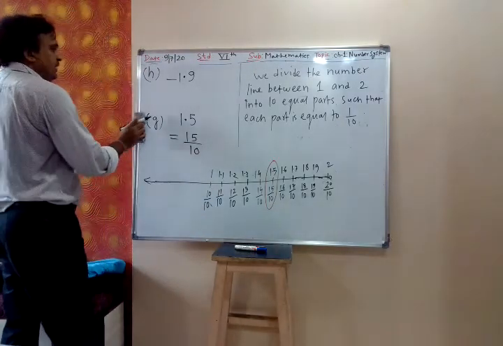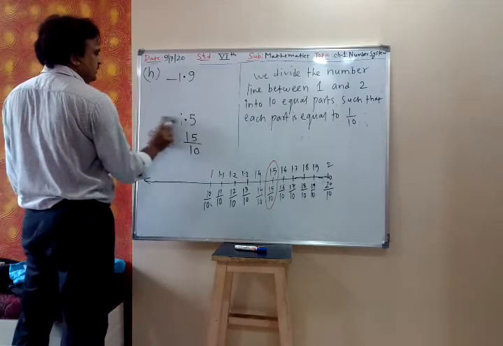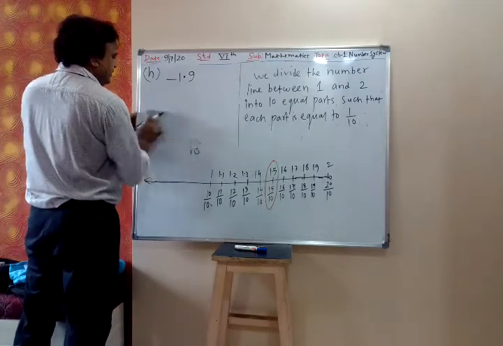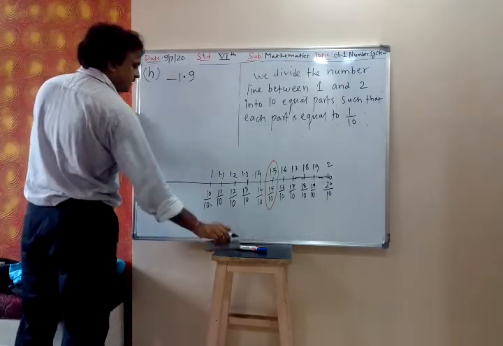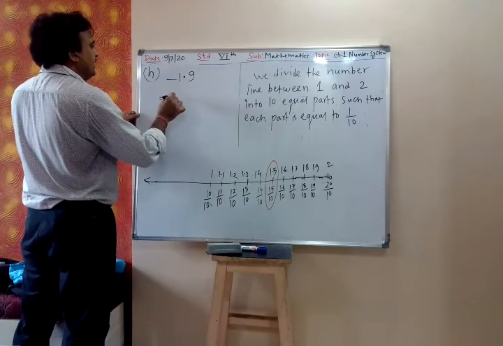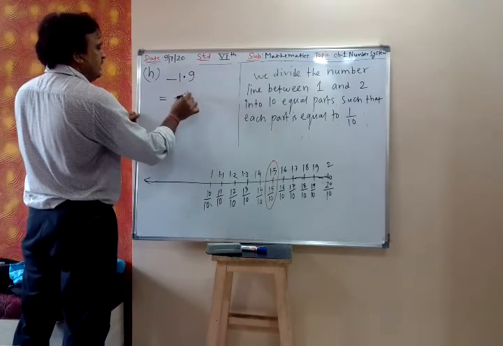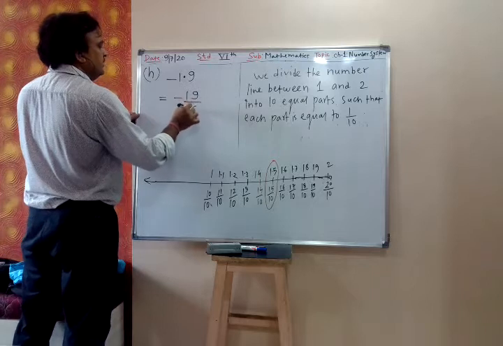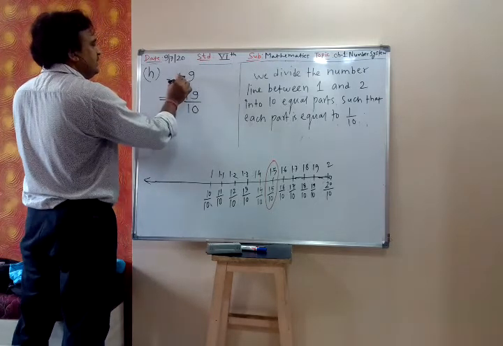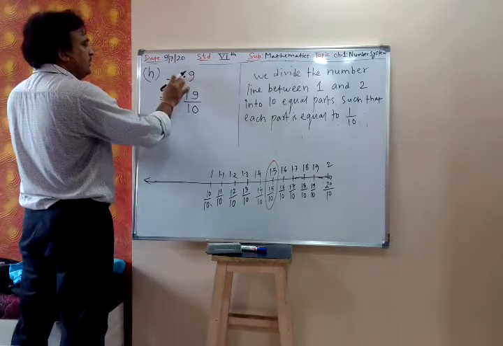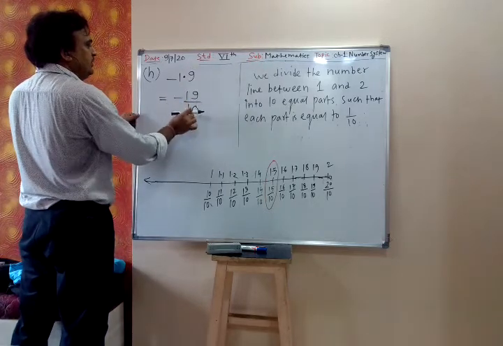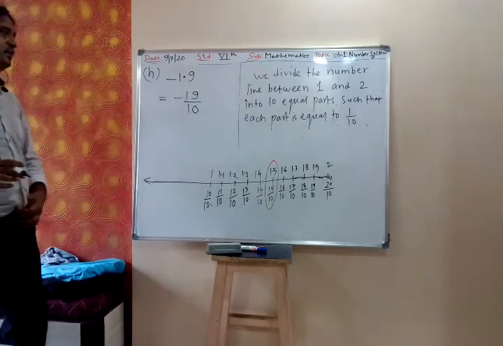So minus 1.9, let us solve. This minus 1.9 I can write as minus 19 upon 10, where after the decimal there is one digit. So when I remove the decimal, it will be 10, minus 19 upon 10.